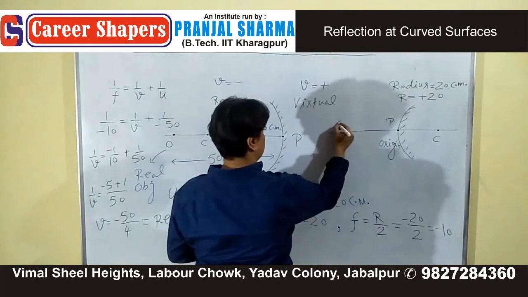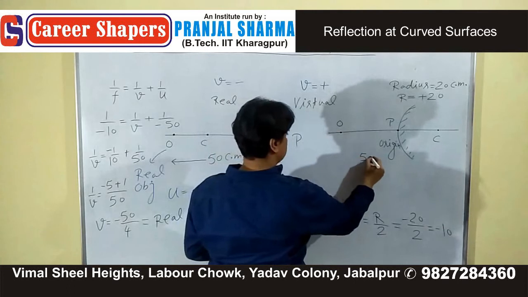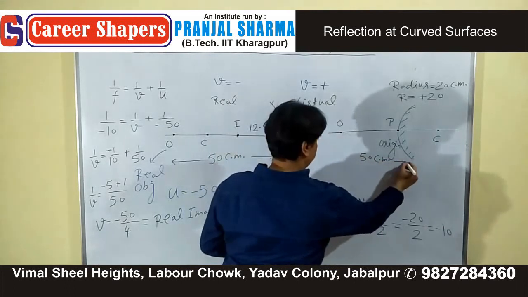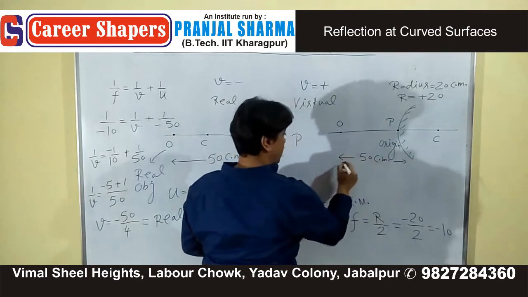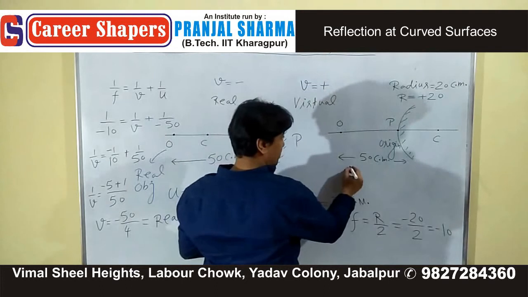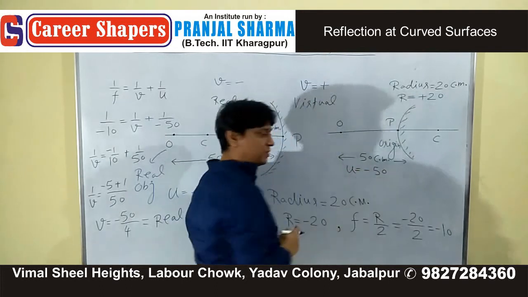Object is, let's say again, at a distance of 50 centimeter. If this much is 50, then it's in front of the mirror, which means U is what? Minus of 50.